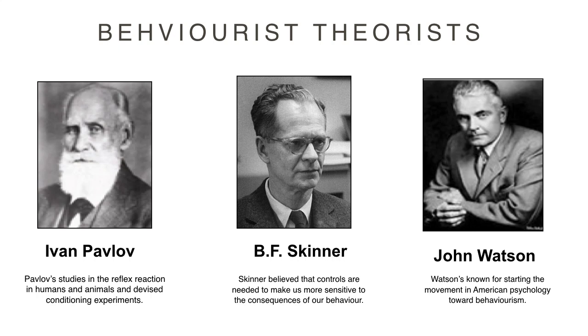Pavlov's experiment with the dog and the food and the bell really was the first initial look at classical conditioning. B.F. Skinner and his theory was reinforced with a rat and a lever, and the reward and punishment concept comes from that notion. And Watson basically was the first to condition a human.